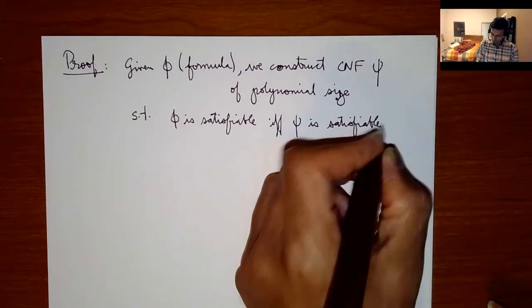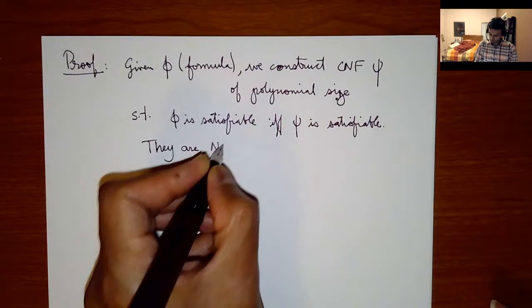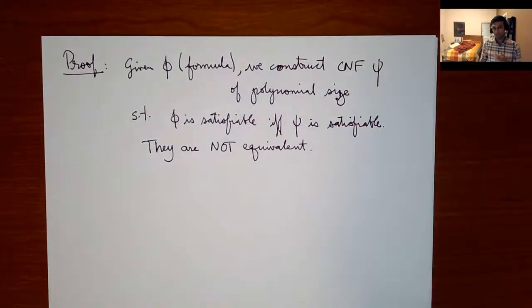But they are not equivalent. Indeed, they're not even going to be over the same variable set. So these two formulas, phi and C, only share the property that if one is satisfiable, then the other is, if and only if.